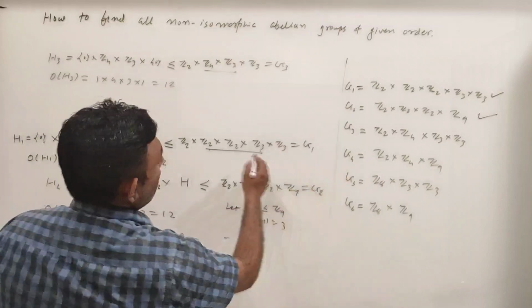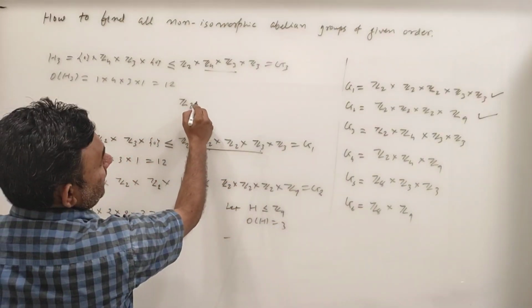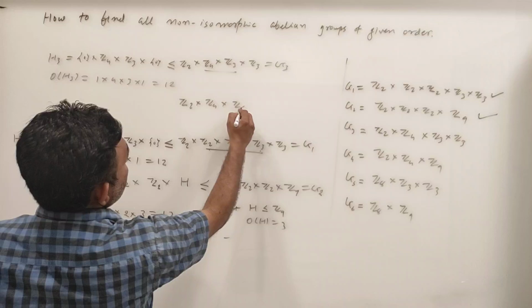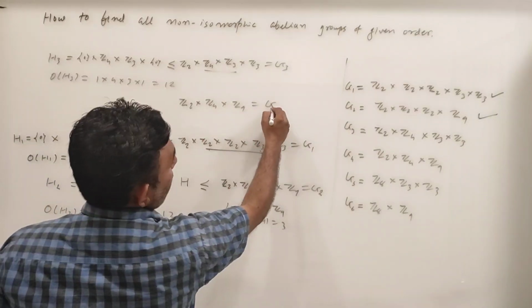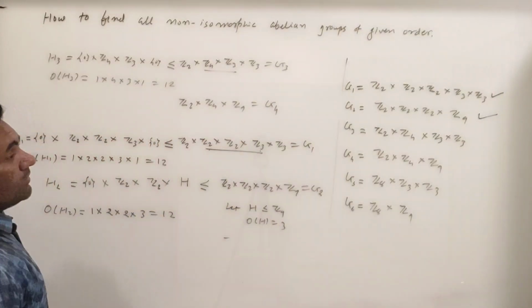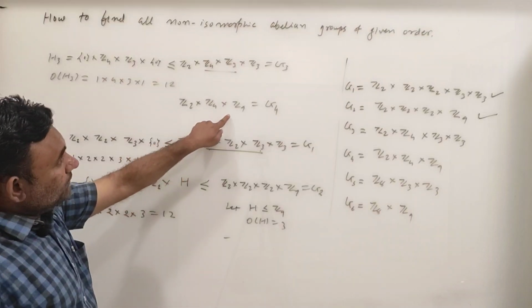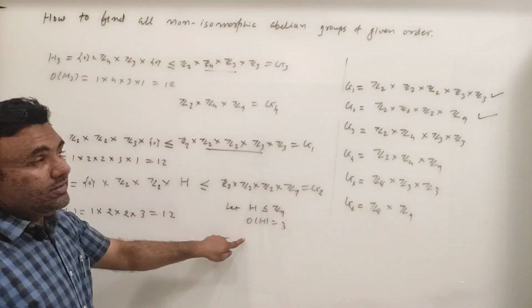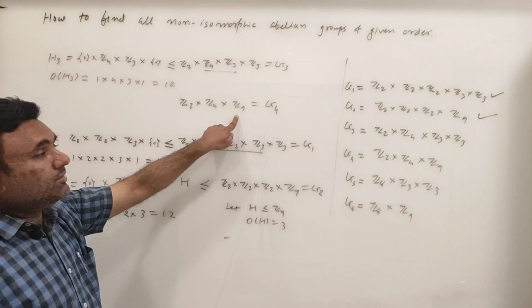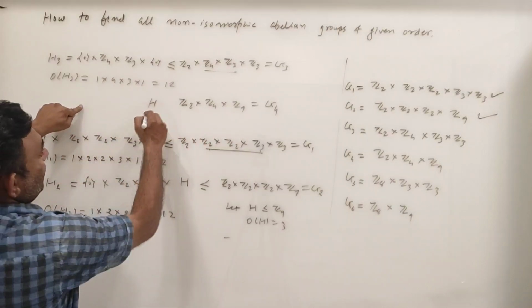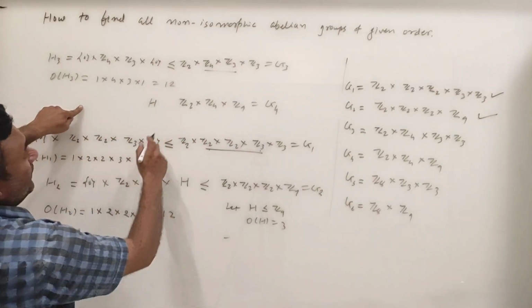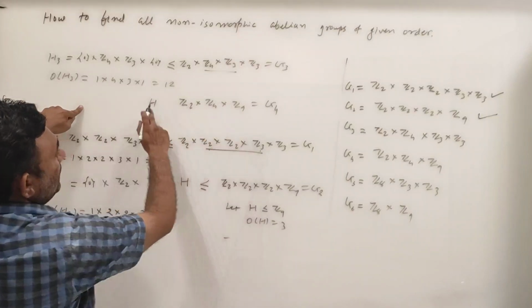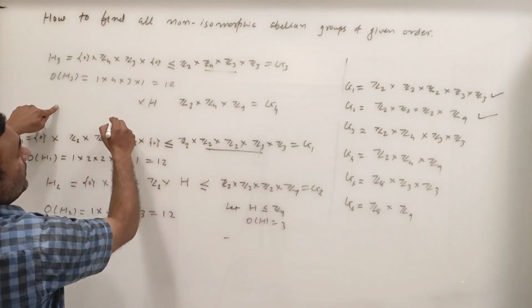Now what about G4? It is Z2 cross Z4 cross Z9, it is G4. So as I discussed here, Z9 has a subgroup of order 3. Z9 के पास 3 order का एक subgroup है, right? So let me say it is H, the same one. So H is a subgroup of Z9 and order of H is 3.